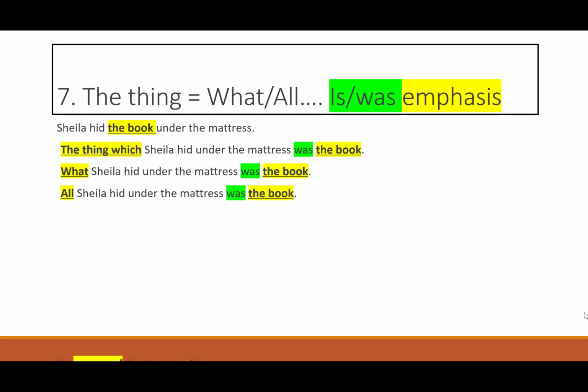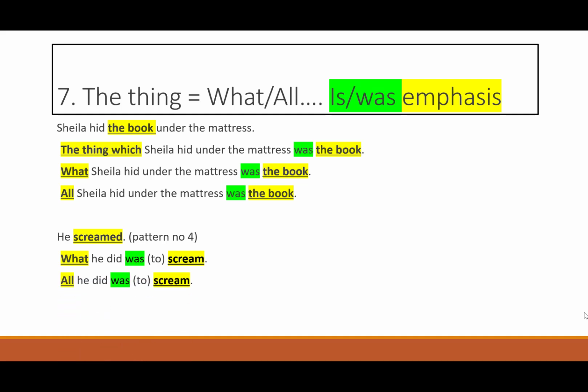Next, look at this example. I take this from pattern number 4. He screamed. The result is: what he did was to scream. You can also use all. It becomes: all he did was to scream. Okay, that's cleft sentences.